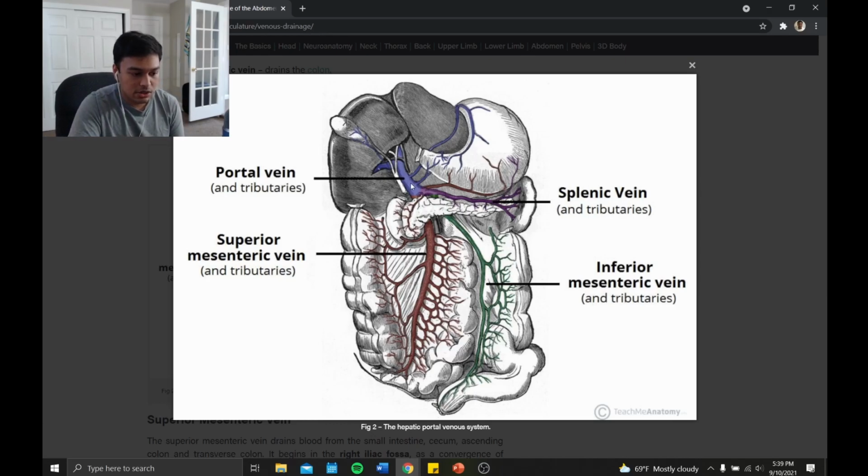The other way is it goes back through the splenic, goes back through the inferior mesenteric, goes back through the superior mesenteric. So there are 4 different ways. The superior and inferior mesenteric might go into the back of the body wall and then go up the body wall that way. The splenic might go into abdominal wall blood vessels.